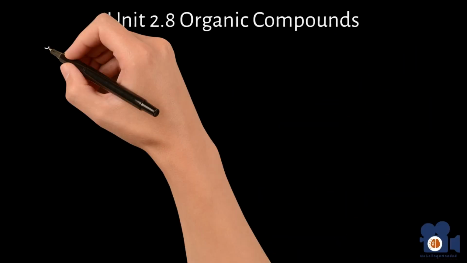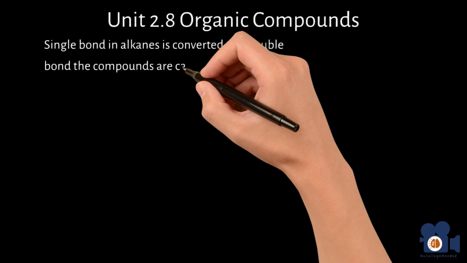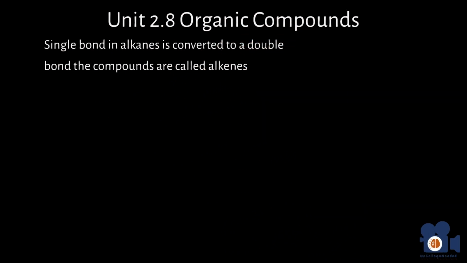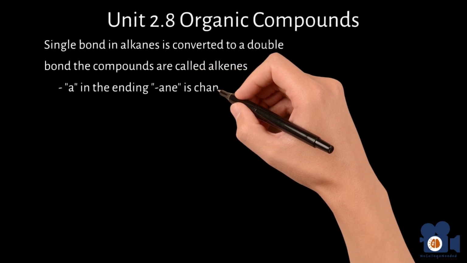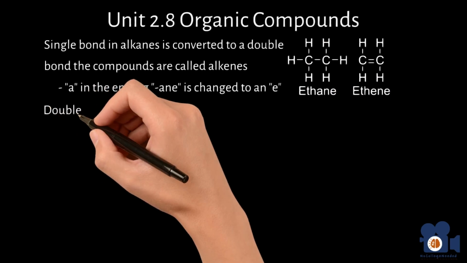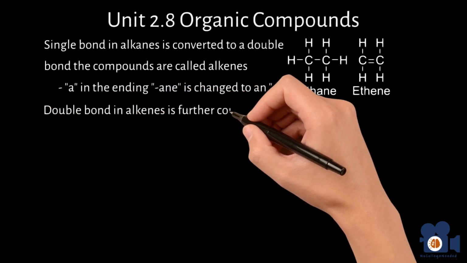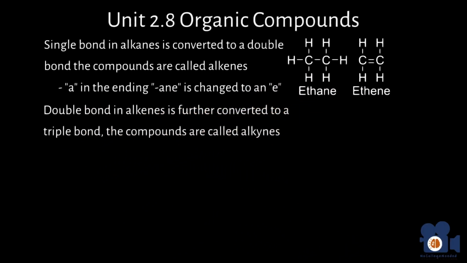When a single bond in an alkane is converted to a double bond, the compounds are called alkenes. In the naming of alkenes, the A in the ending -ane is changed to an E, but the rest of the name remains the same. Similarly, if the double bond in the alkenes is further converted to a triple bond, the compounds are called alkynes.